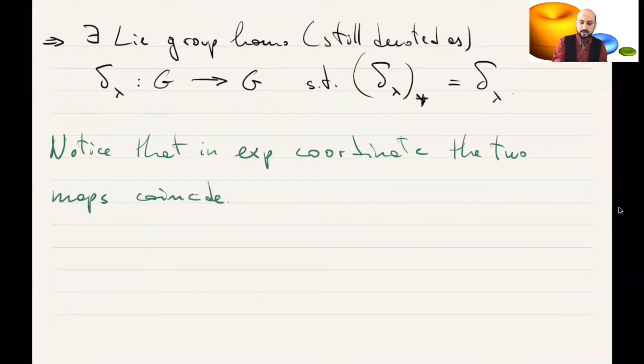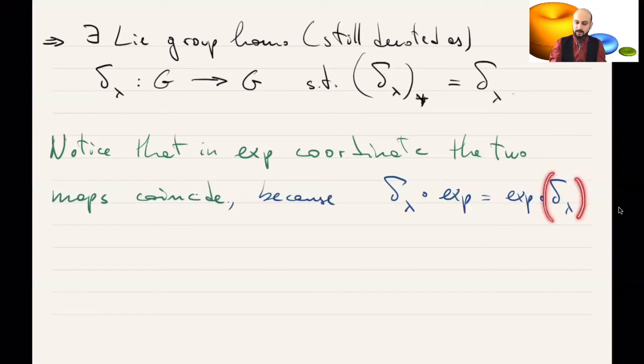And this is because we know that for a group homomorphism, it commutes with its differential. Right? So we have this identity. So up to exp, the two maps are really the same. Okay.